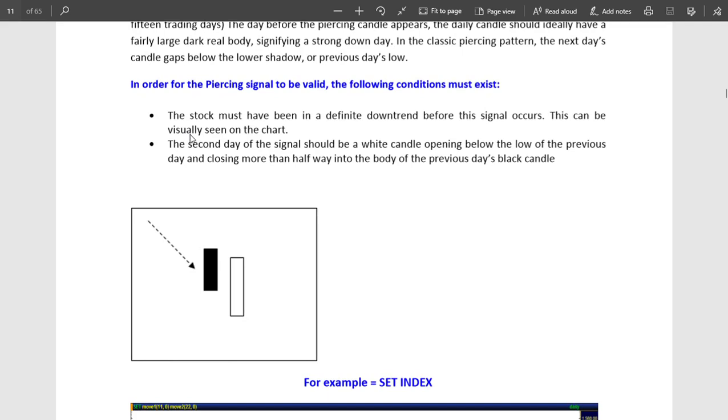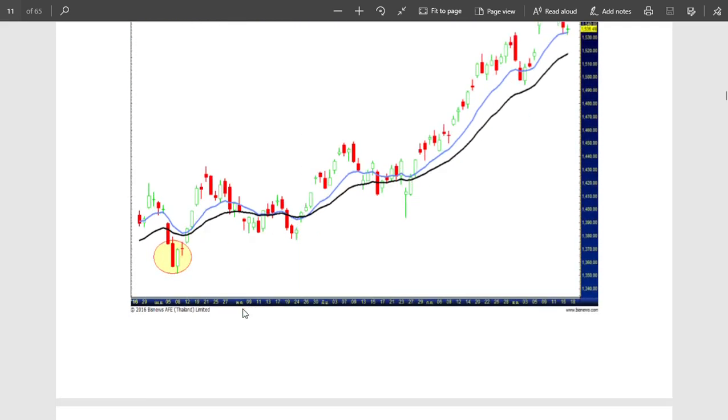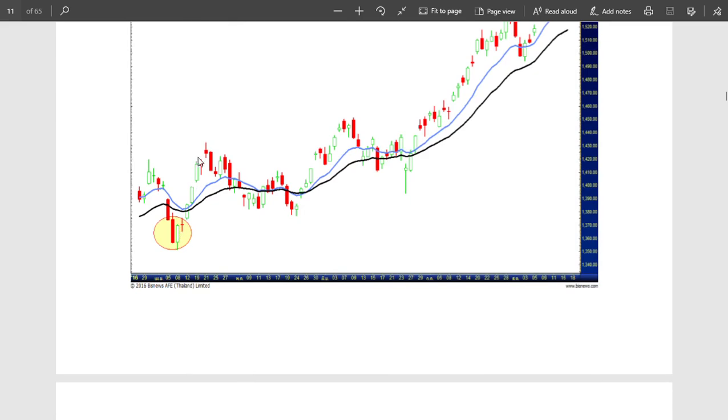For this pattern, in a downtrend, when price is going down, something like this happens: you have a red candle, then you have a green candle that opens close to the top or the high of the red candle, then it goes down and covers up and goes more than half below the red candle as well. This can be seen as a piercing pattern, and it signals a bullish uptrend. You can see after this pattern appeared, the price went up.